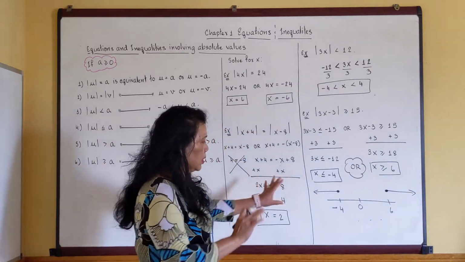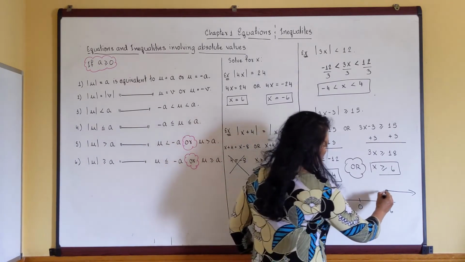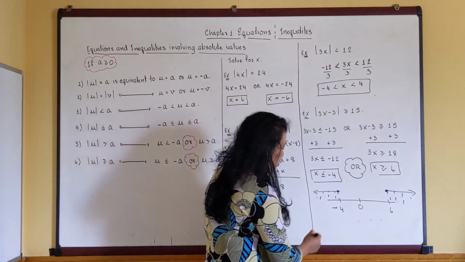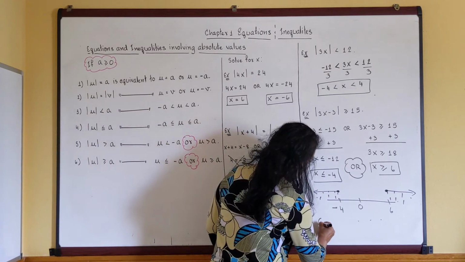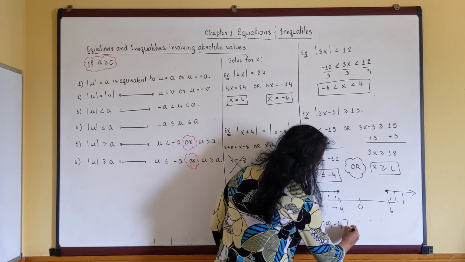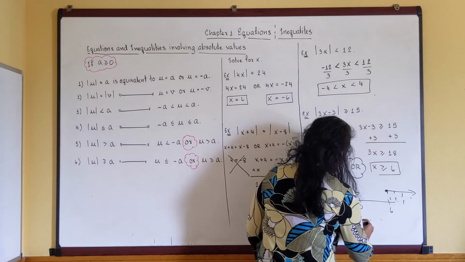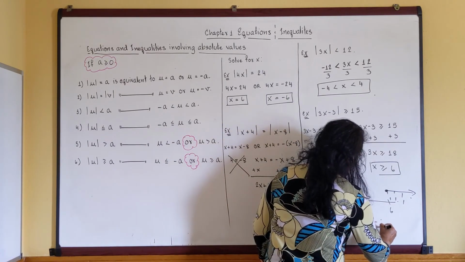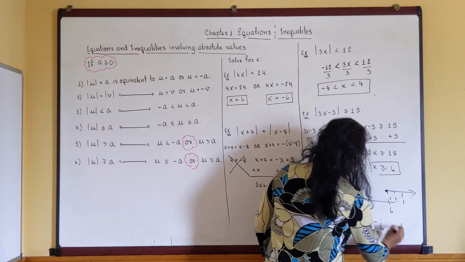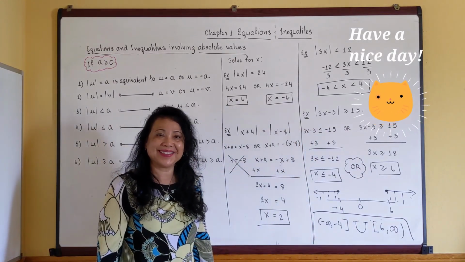So it can rain here, and it can rain here. So where does it rain? Both sides, yes? In interval notation, this is going to be negative infinity up to negative 4, including negative 4, union 6, starting from 6, including 6, going to positive infinity. Alright, so that would be your solution. We finished chapter 1. Bye.